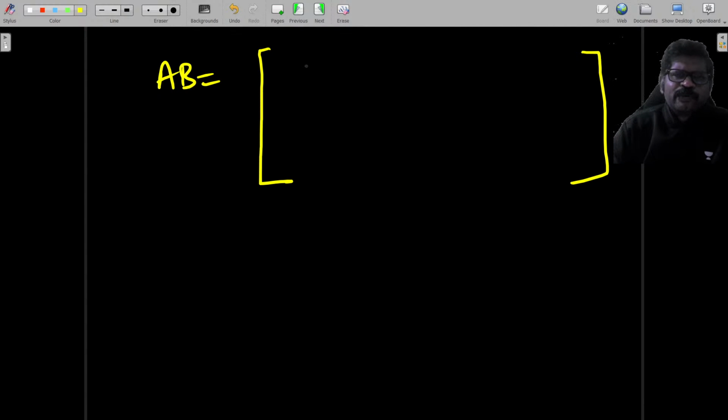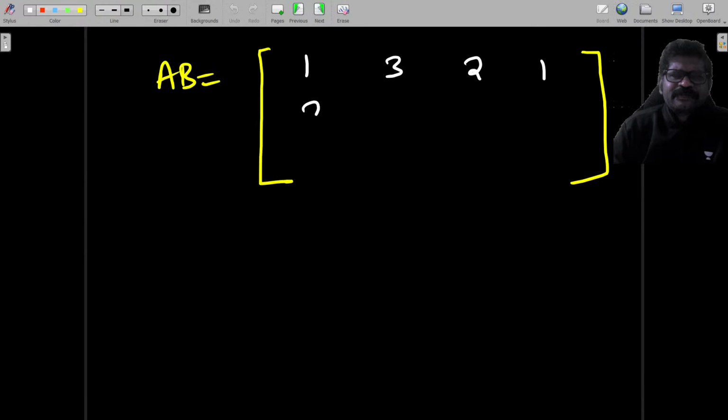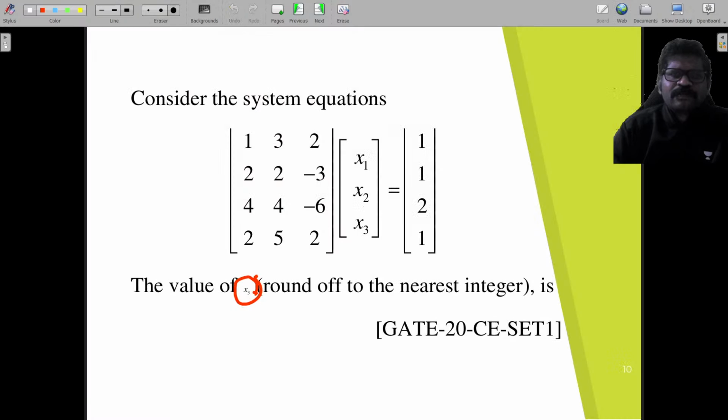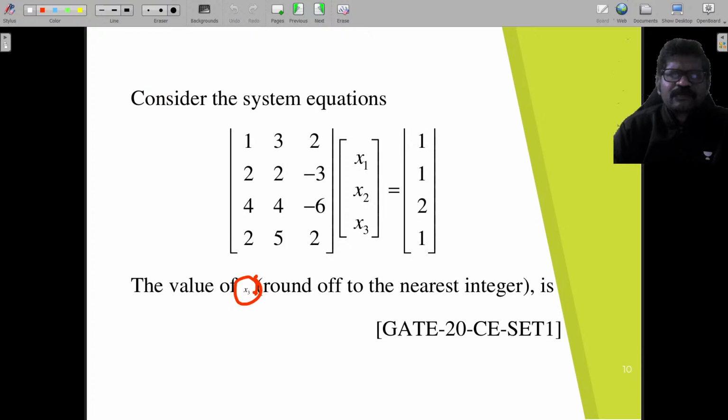Rows: 1 3 2 1, 2 minus 3 1 2, 4 minus 6 2 4, 2 5 2 1.